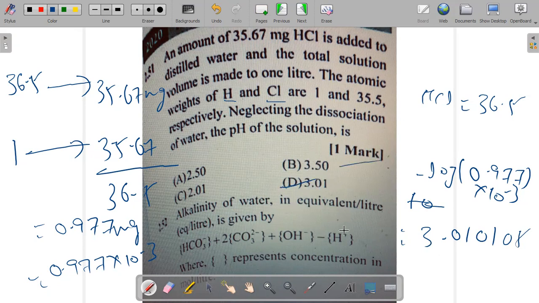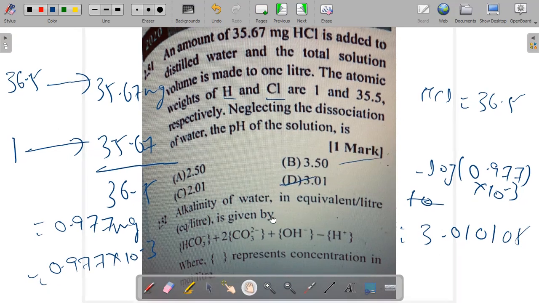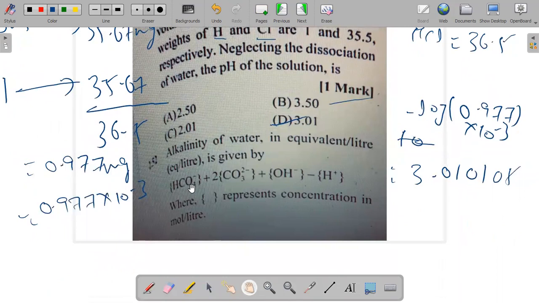So that was a 1 mark question. Let's move on to our next question, where we need to find the alkalinity of water in equivalent per liter, and we have been given this equation that has HCO3 minus plus 2 CO3 2 minus plus OH minus minus H plus, where the bracket represents the concentration in mole per liter.